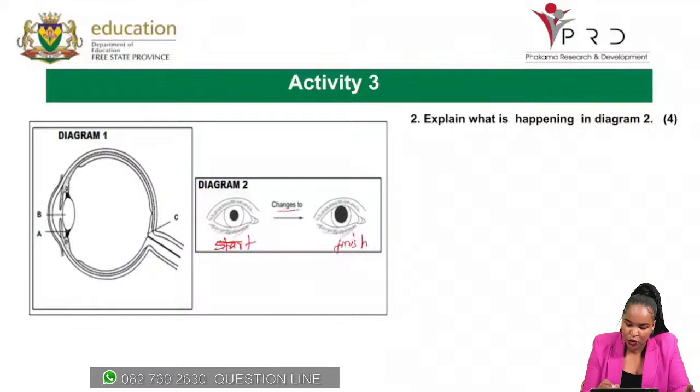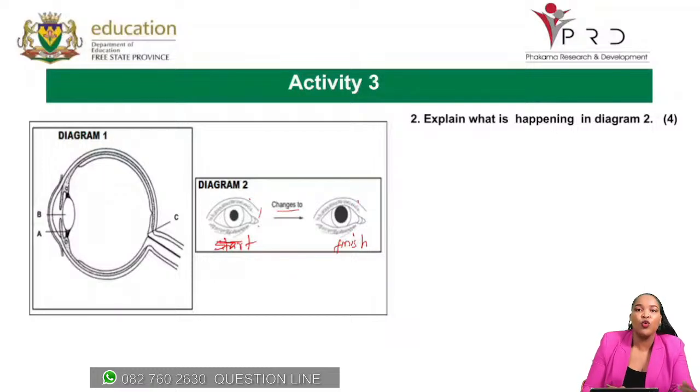I would like to give you 2 minutes to go through the process that is happening here. This is very important, so you need to be able to say it or write it down on your own. Tell us what is happening for the eye to change from how it was to how it is now at the end. Just explain what is happening there. I am giving you 2 minutes to do that activity.